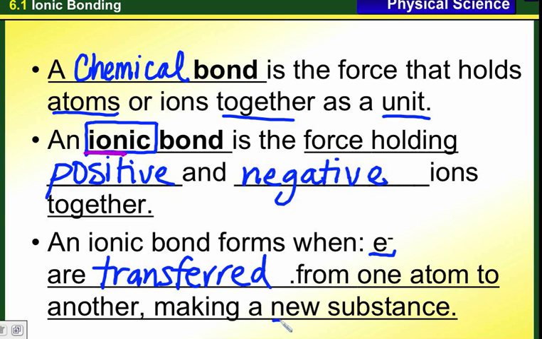And that brand new substance we typically see having brand new properties. We've now taken two or more elements from the periodic table, joined them together in an ionic bond to create a brand new substance, all of this starting from electrons being transferred from one atom to the next.